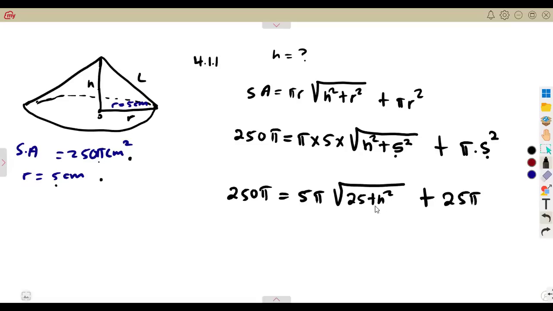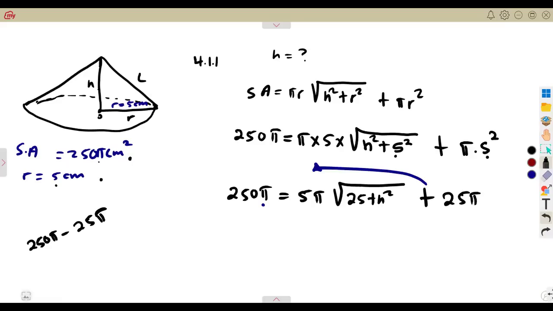I want you to see that this term can be taken to the left-hand side since it's a like term. So it's going to be 250 pi minus 25 pi. Just subtract there on your calculator.